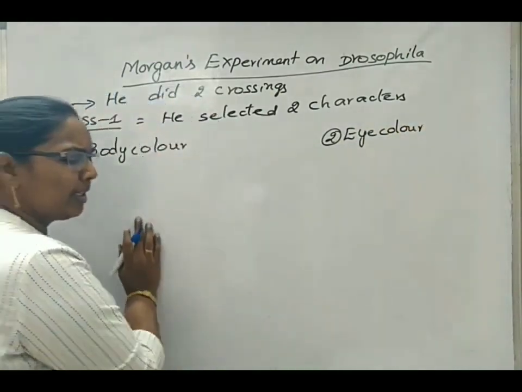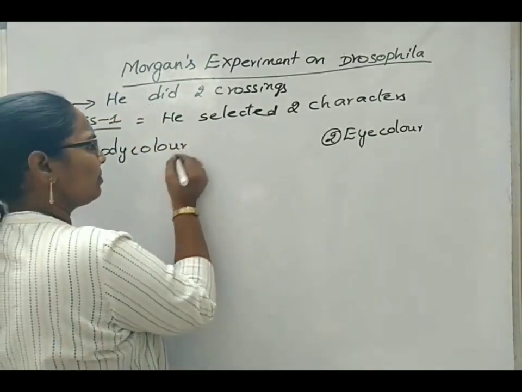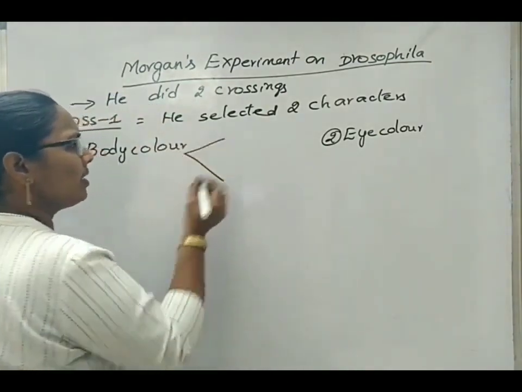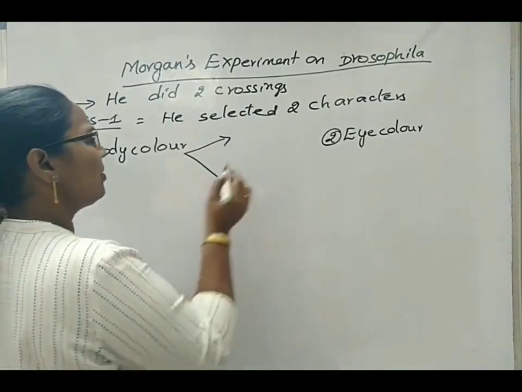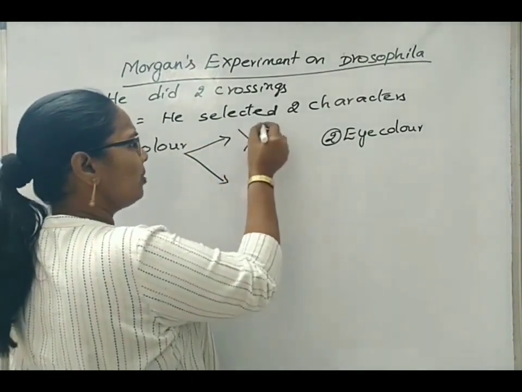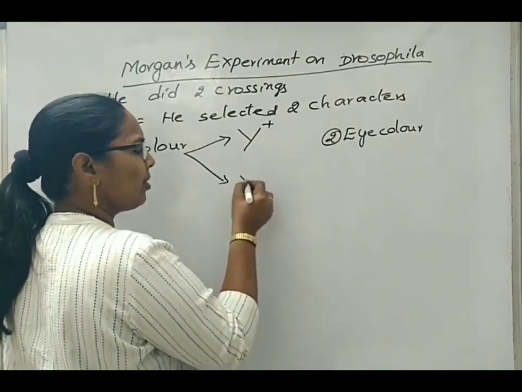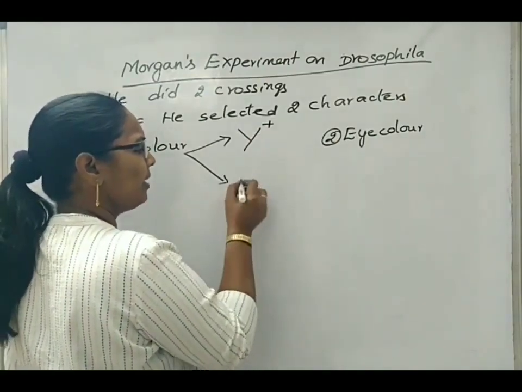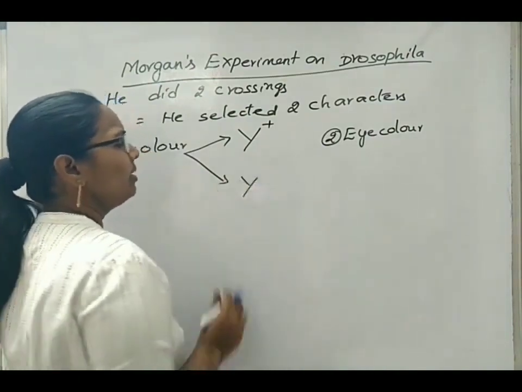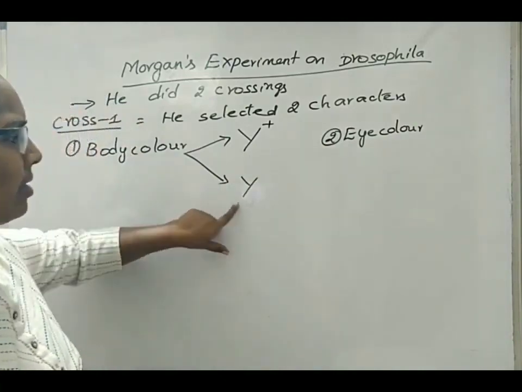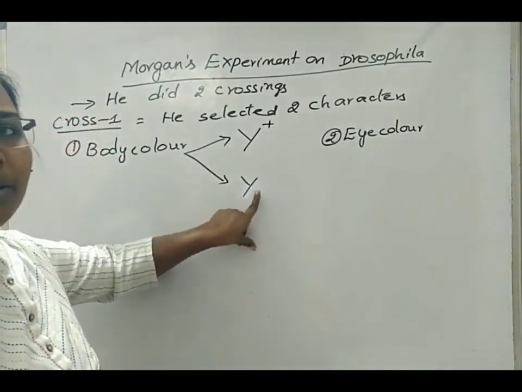In case of body color, the dominant genes are represented with capital Y. We know that contrasting alleles or genes exist for any character. So the dominant, brown color of the body is represented by capital Y plus, and the normal recessive character, that is yellow color of the body, is represented without the plus mark.